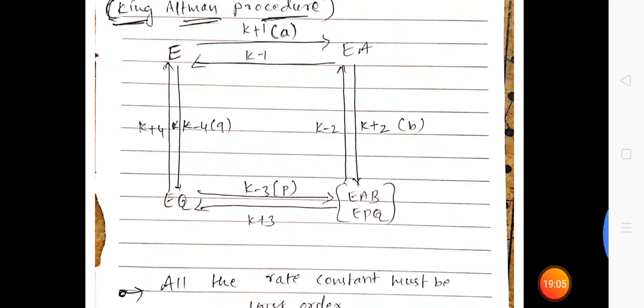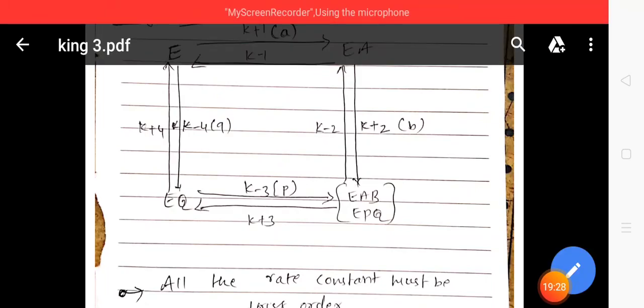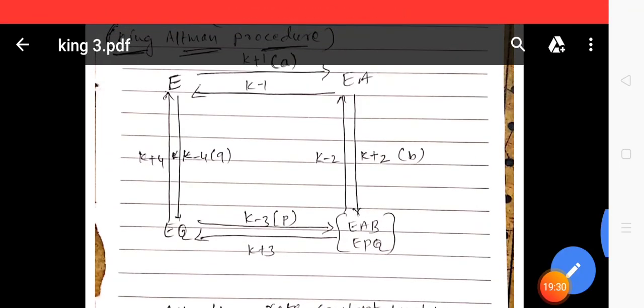Once EPQ forms, again in the third reaction K plus 3 is the formation, a reversible reaction with K minus 3, and the first product is removed in the third step. Once EQ forms, again in the forward reaction K plus 4, the other product Q is released, then the enzyme is released as free.